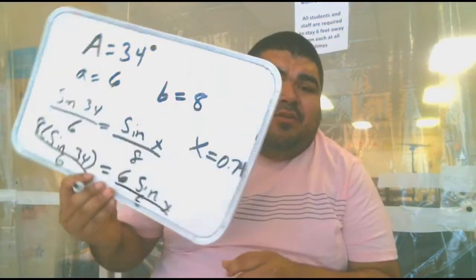So x equals 8 sine of 34 divided by 6, which is 0.74 in radian form. Okay, so 0.74. You might get a degree. Okay, if you did, that's even better. If you didn't, if you have it on radians, it's 0.74.